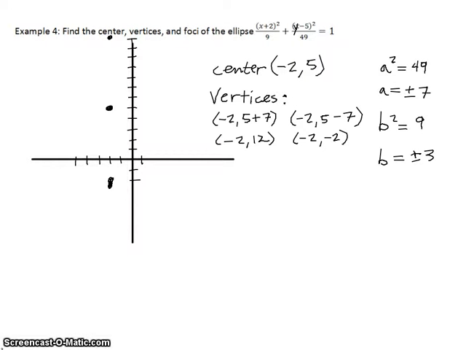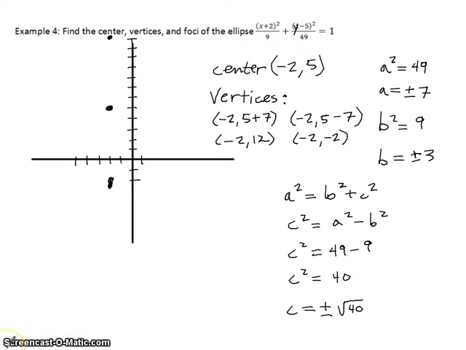So there we have our vertices, and we can figure out our focus points using the fact that a squared is equal to b squared plus c squared. Let's go ahead and find the focus points. To find the focus points, we need the c value. So I found that c gives us plus and minus the square root of 40. So I'm going to have to add the square root of 40 and subtract the square root of 40 onto the k value of the vertex.